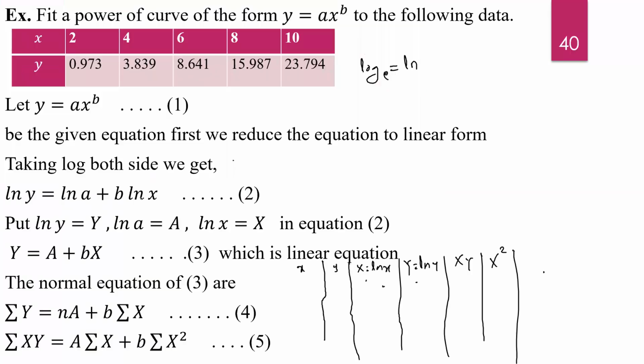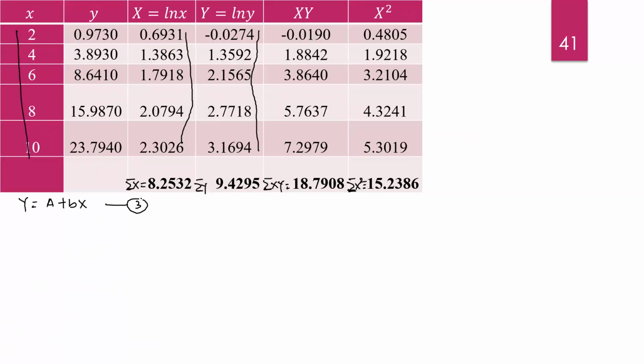Now the normal equation of equation 3 is summation Y is equal to n A plus B summation capital X. Here n means the number of points, 1 2 3 4 5, there are 5 points, that is 5 times A plus B summation capital X. The second is multiplied throughout by capital X, then summation XY is equal to A summation X plus B summation X square.